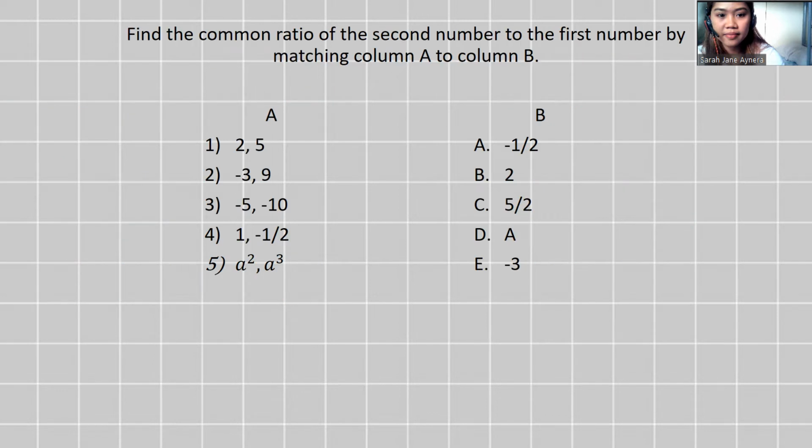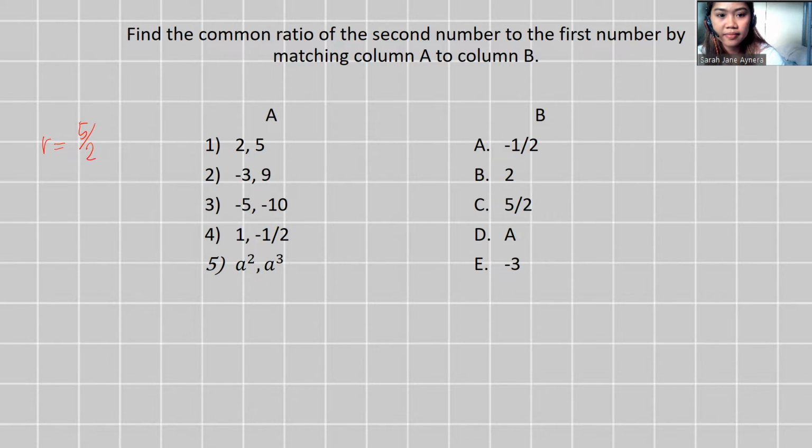Let us try to find the common ratio of the second number to the first number by matching column A to column B. To find the common ratio, that is succeeding term divided by the preceding term. For number 1, the succeeding term is 5 and its preceding term is 2. So for number 1, r is equal to 5 over 2.